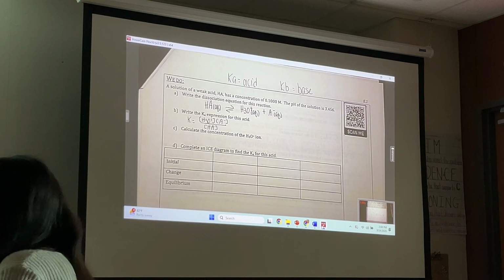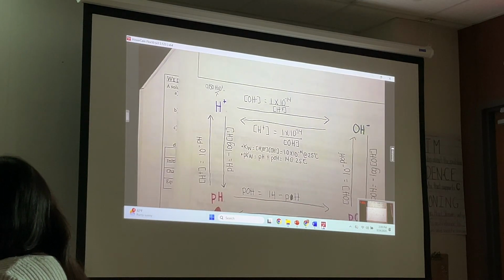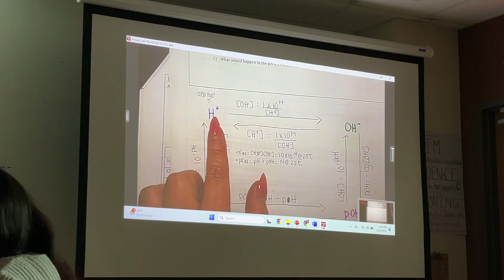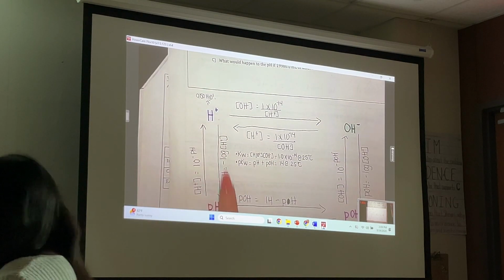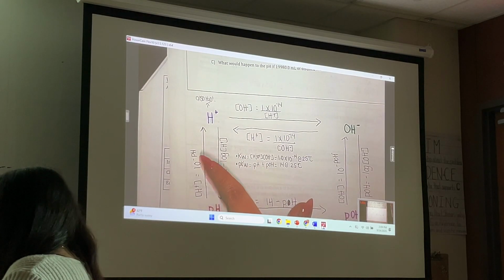All right, let's go ahead and calculate the concentration of our H3O ion. Looking back at my stuff, we're given a concentration of HA, but it does give us a pH. Now, from my pH, can I find my concentration of my hydronium? Yes, I can. Let's follow the arrow. So you go from pH to H3O, it is 10 to negative pH.